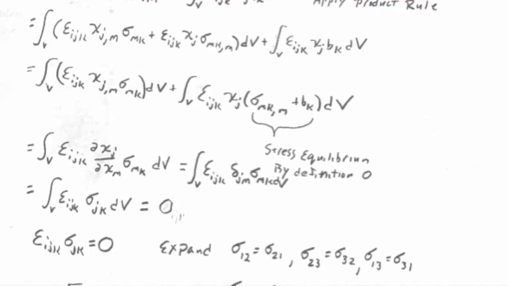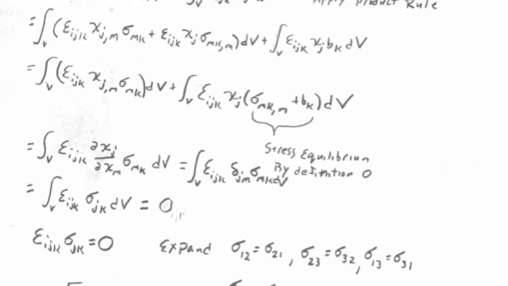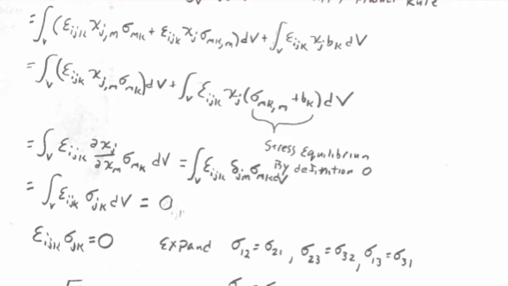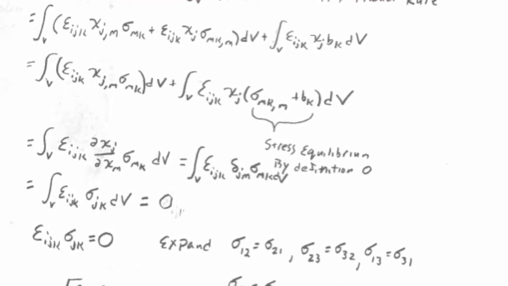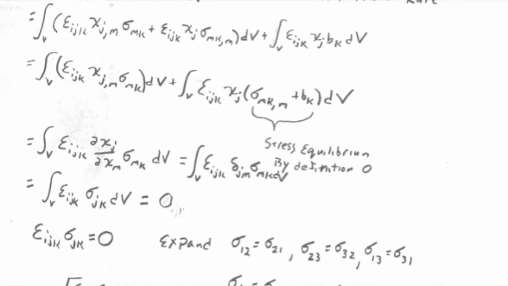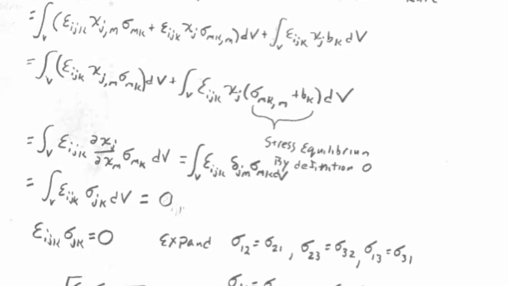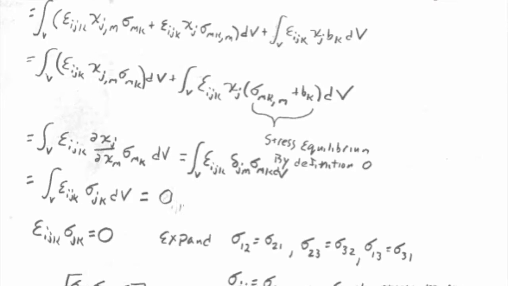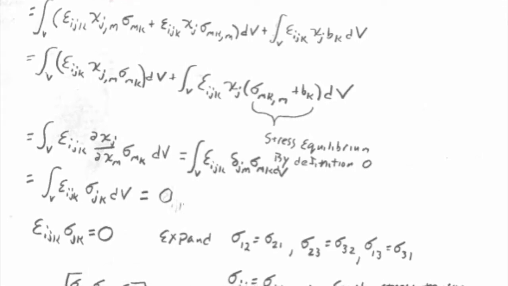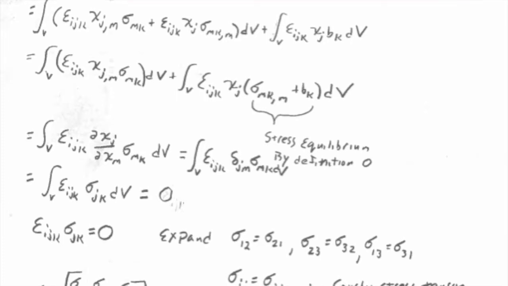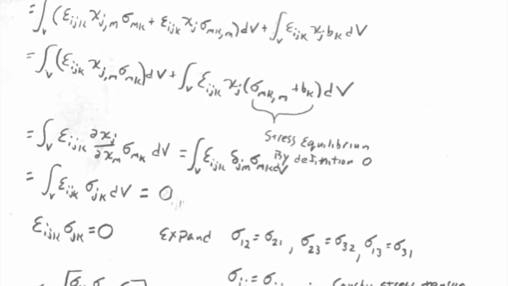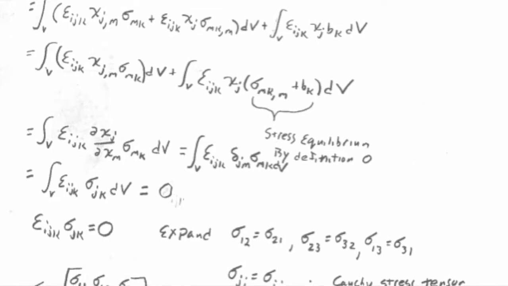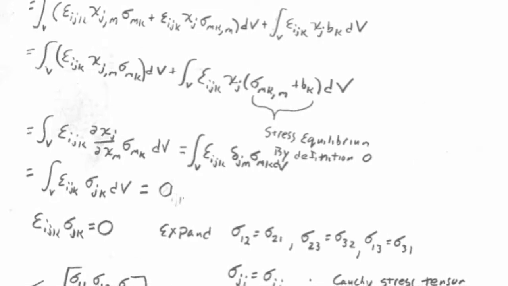All right? And we're going to use the same argument as we did with equilibrium, right? That this has to hold on any subregion of our body, right? And so the only way that can be true is if the integrand is equal to 0 everywhere, not just the integral, right?